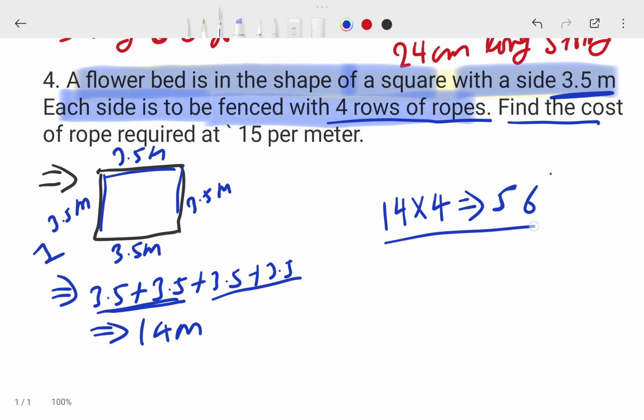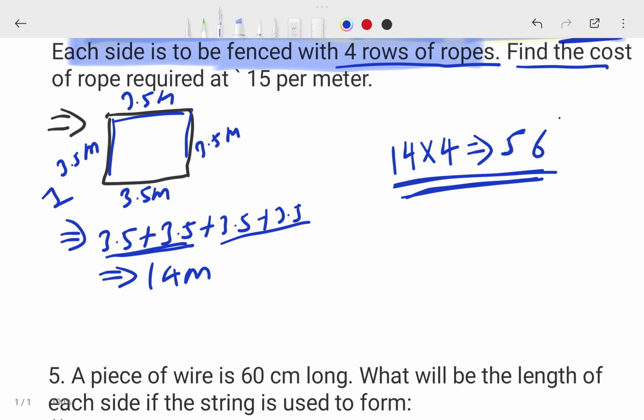So how many beds do we have? Total 4 beds. What is the perimeter of 4 beds? So now I will write here, the perimeter of one bed is 14 meter.